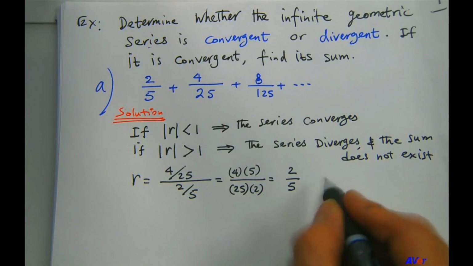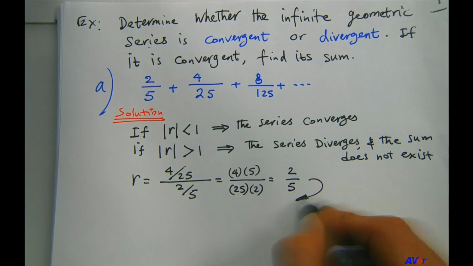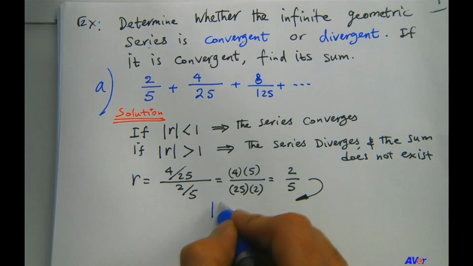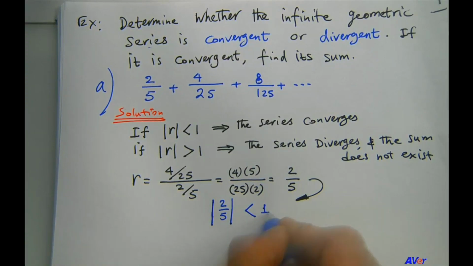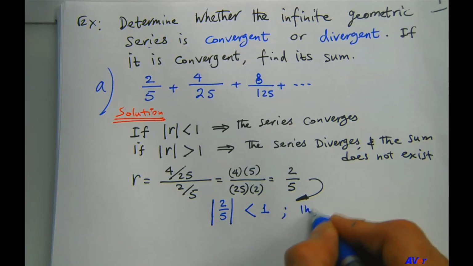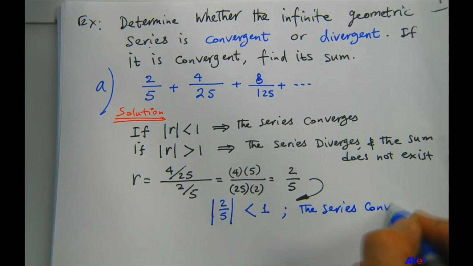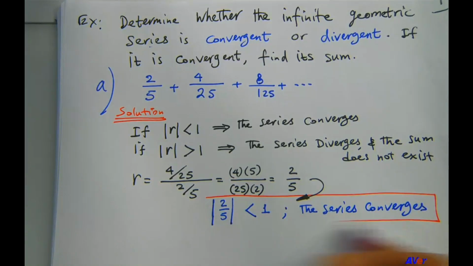So let me write it here: the absolute value of 2 over 5 is less than 1. So the series converges. Okay? So we determined that.